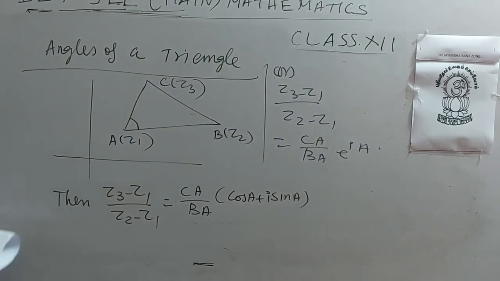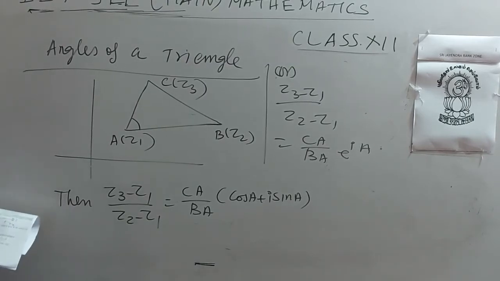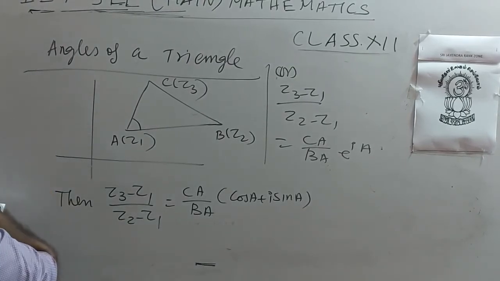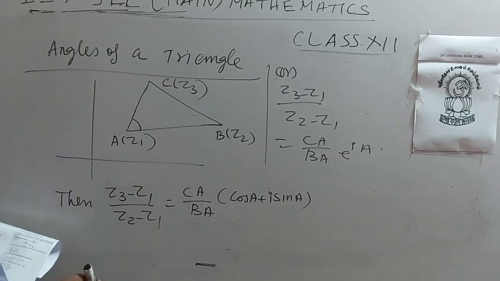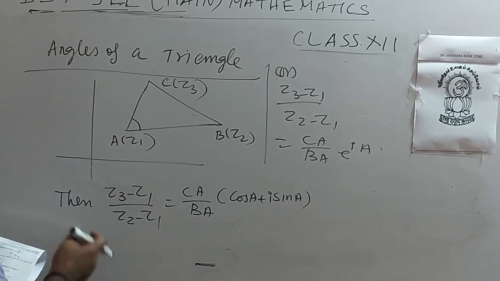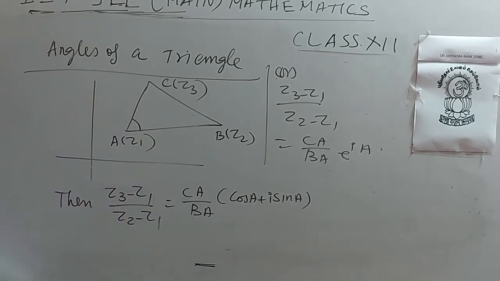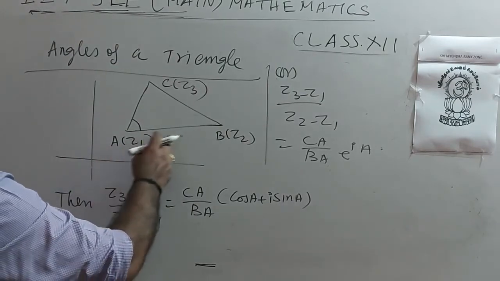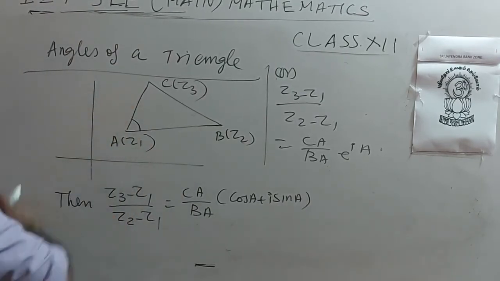Similarly, we can find other relations related to the remaining angles. Related to angle A, like that we can find related to angle B and angle C.